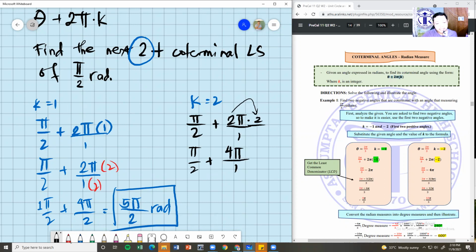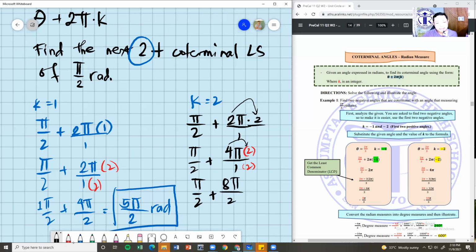They should have the same denominator. So the fastest way to do this is to multiply both my numerator and denominator by 2 para maging pareho yung denominator ko. Shortcut yon sa LCD na napakahaba. So that's pi over 2 plus 2, 4 times 2, that's 8 pi over 2.